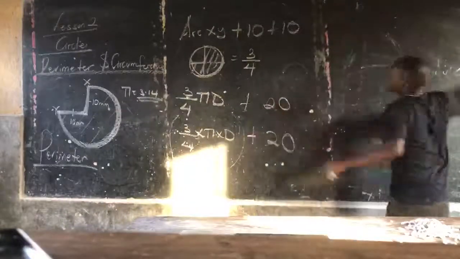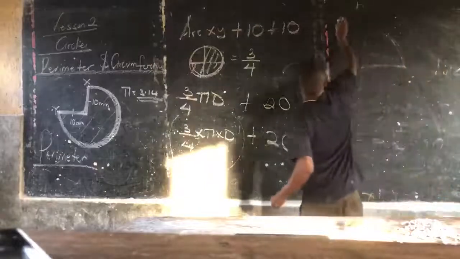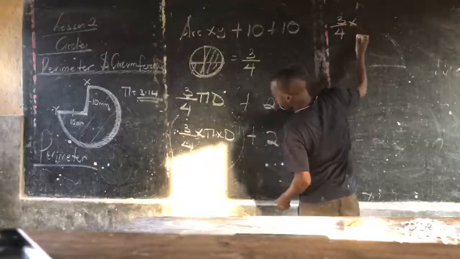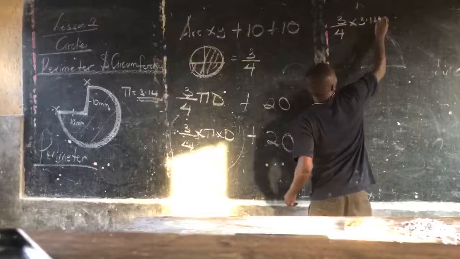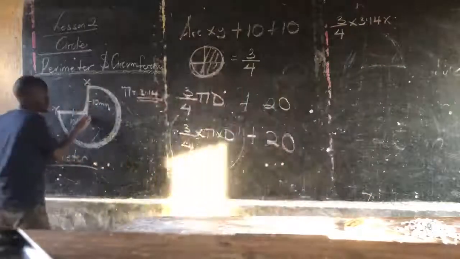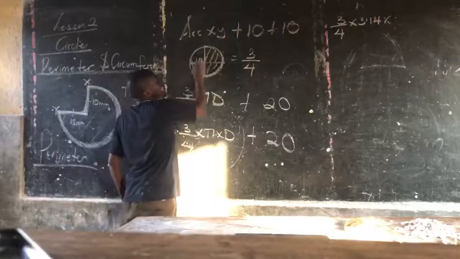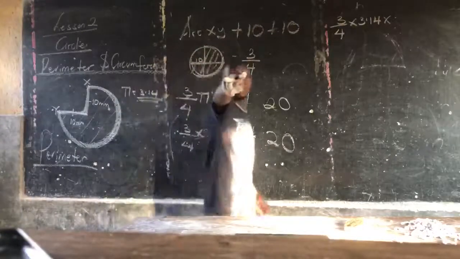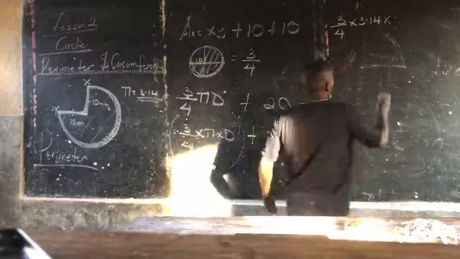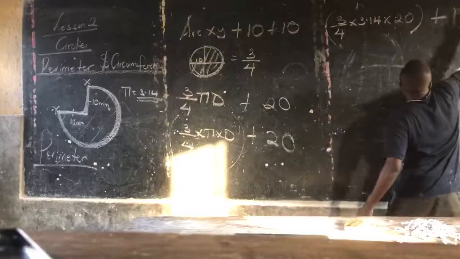Good. Are we there? So that's 3 over 4 times pi, which is 3.14, times the diameter. First of all, my dear brothers, is this the diameter? That is what? Radius. Diameter is twice that, so times 20.